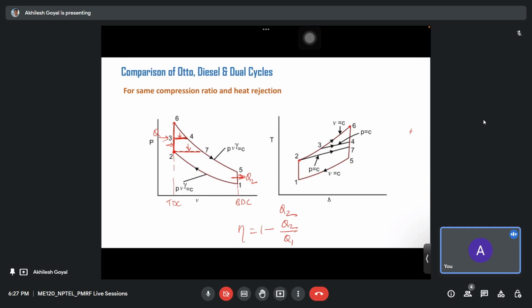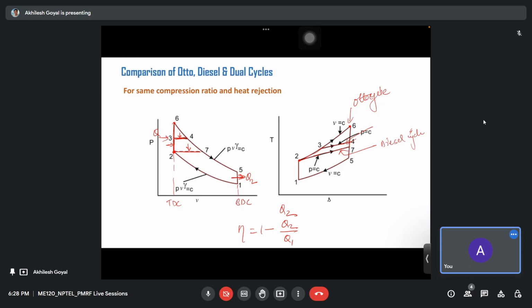That happens for the Otto cycle, and the minimum heat is added for the diesel cycle.